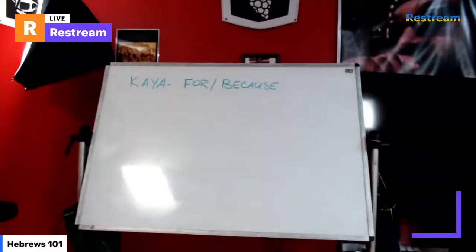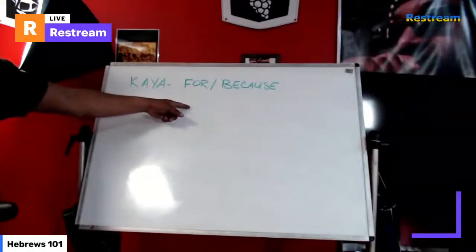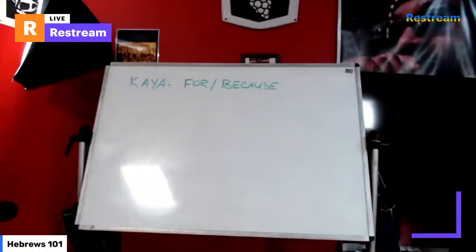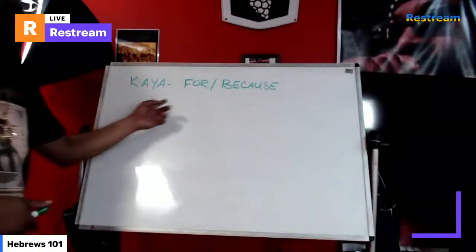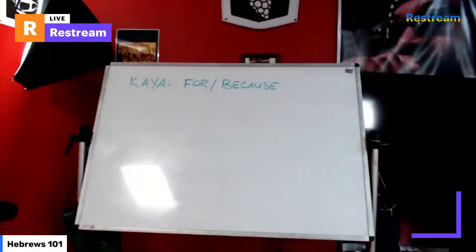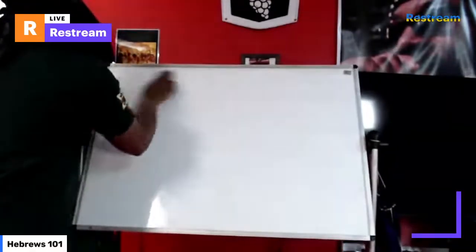Chances are the because comes first, remember, because we are doing Old English. In Hebrew, kaya really breaks down as because, and we're speaking it as for in Old English. When we finish the prayer, it will explain why. Now let's continue on.